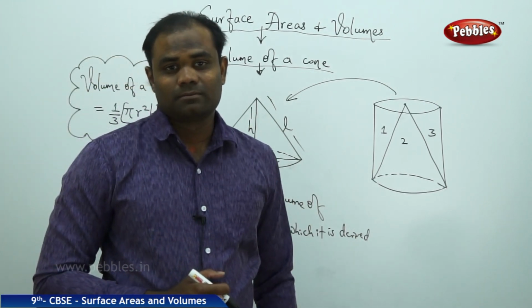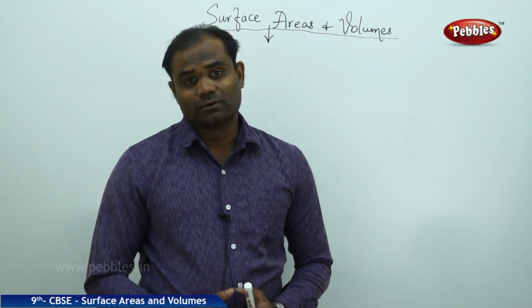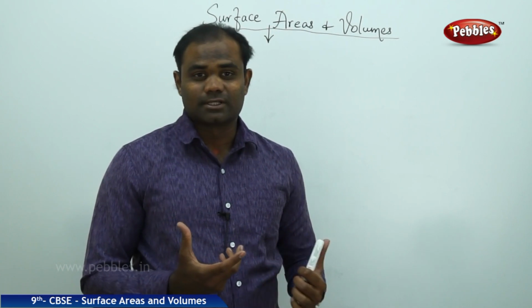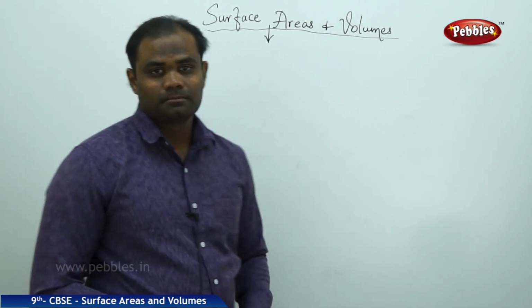of the cone. Now that we have discussed about a cylinder and a cone, now the last geometrical structure, solid figure, which we're going to discuss now is about a sphere. What would be the volume of a sphere is what is today's session.